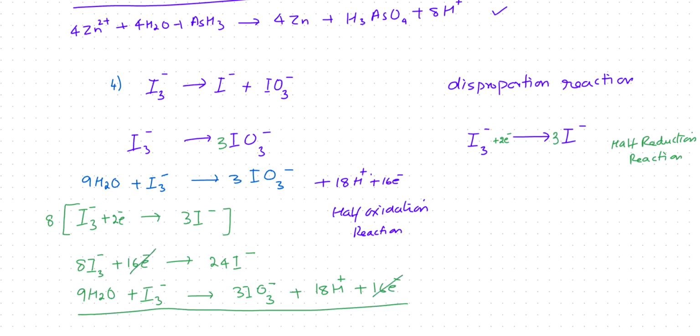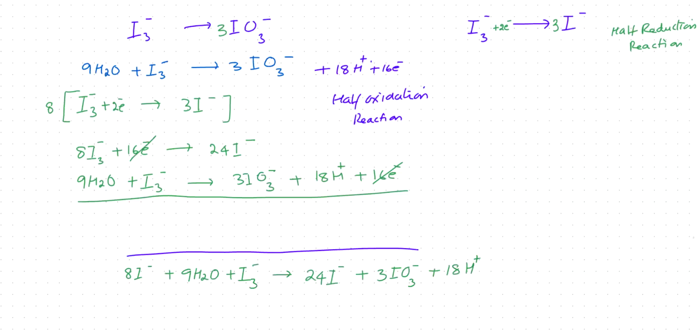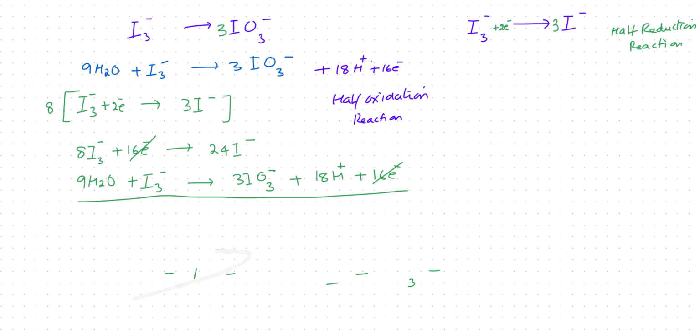So now we write all the reactants together. So what are the reactants left here? So 1, 2, 3. So we write 8 I3 negative plus 9 water molecules plus I3 negative. So 1, 2, and 3, all the reactants are written.